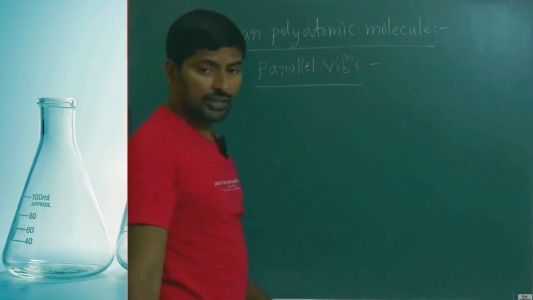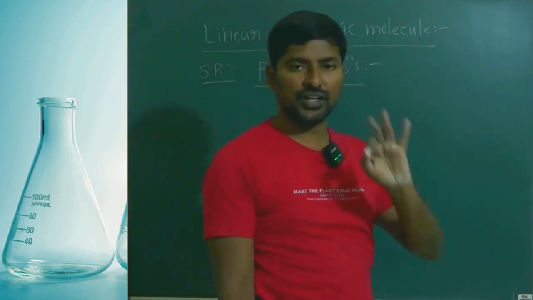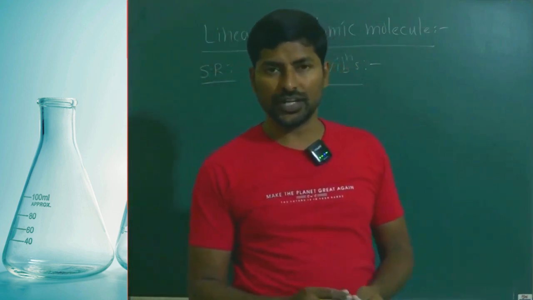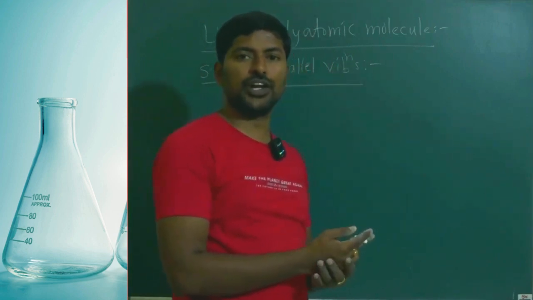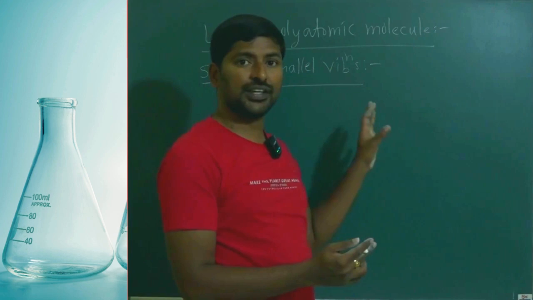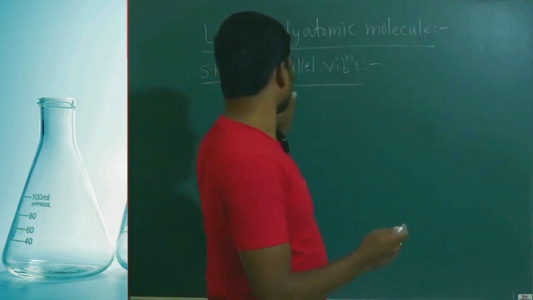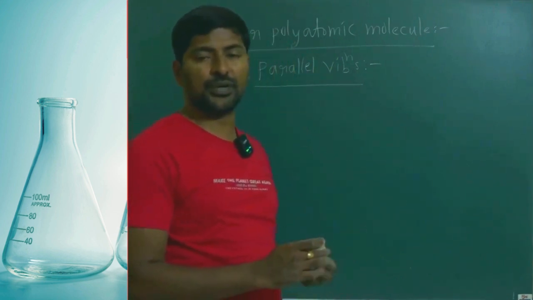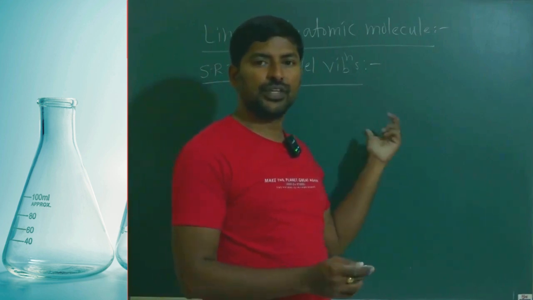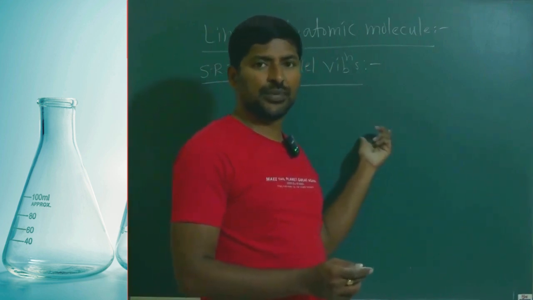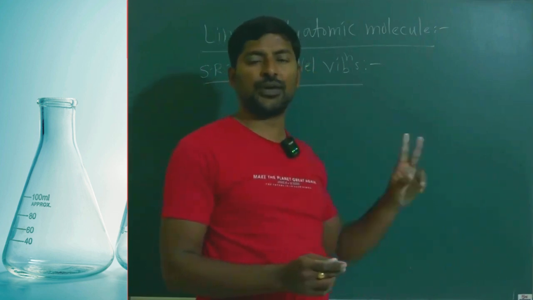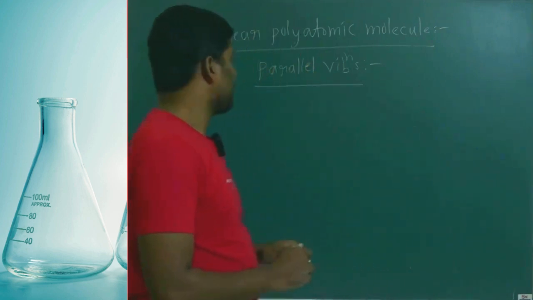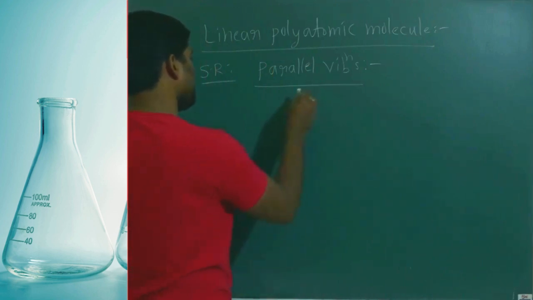CO2, if you consider, is a linear polyatomic molecule containing 3 atoms, more than 2 atoms. So far we considered diatomic molecules. Now here we are taking the polyatomic molecule CO2. We discussed that in CO2 there are two stretching vibrations, both parallel vibrations, and 2 bending vibrations, both perpendicular vibrations.